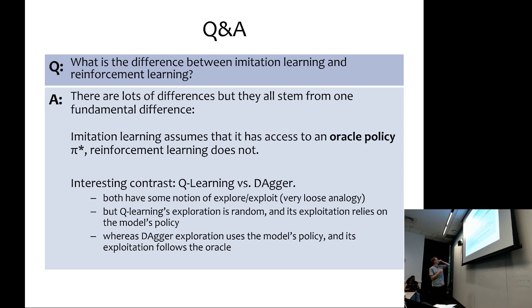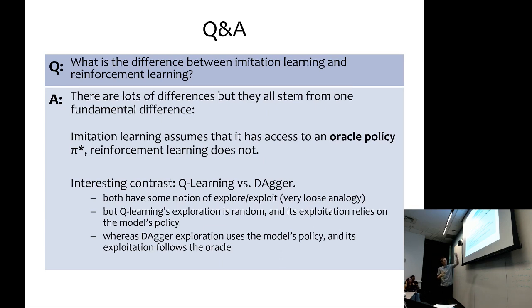Because of that assumption, they go in very different directions as subfields. So, for example, one of these contrasts that I thought was particularly interesting that we painted in office hours was between Q-learning and Dagger, where we said both have some notion of exploration and exploitation. Okay, this is a very loose analogy, but you could say Q-learning, if you know it, does exploration in a random way. It has a random policy. So it explores the space of possible actions using that completely random policy.